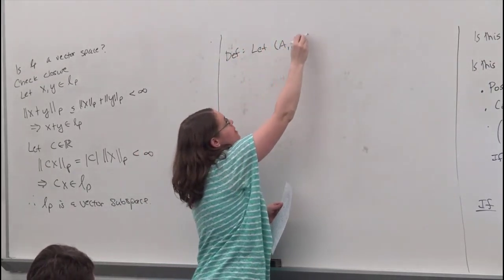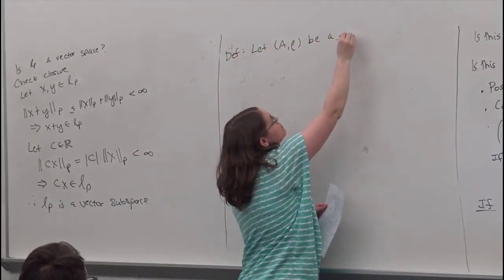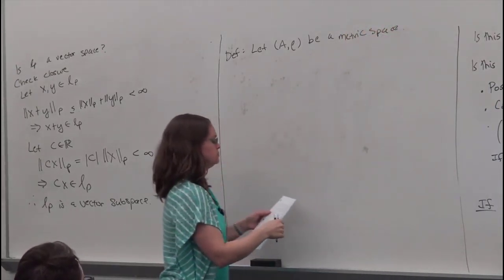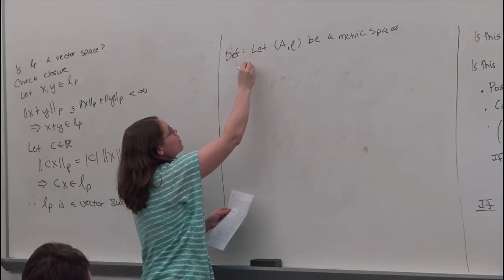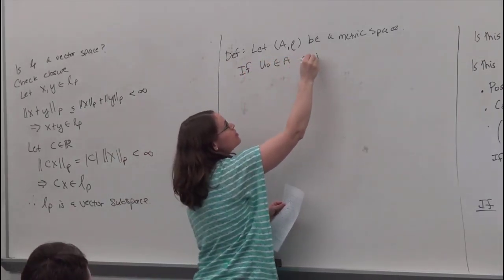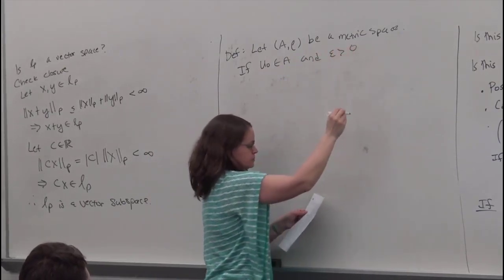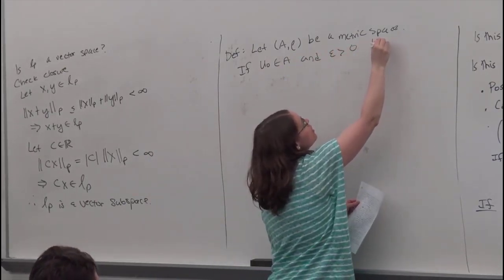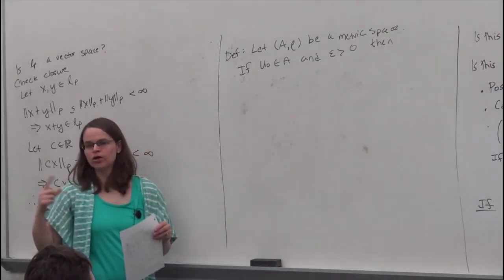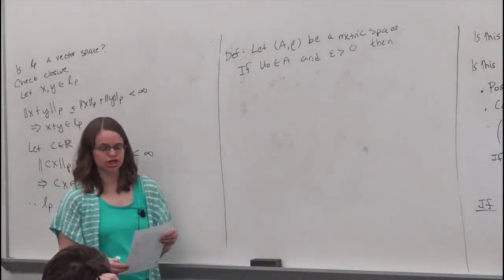Okay, so let this be a metric space. And if u naught is in A and epsilon is greater than 0, then we can define a neighborhood. Open neighborhood, open ball, we'll use these terms interchangeably.